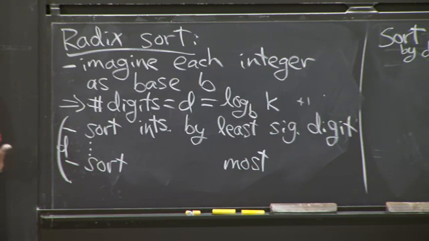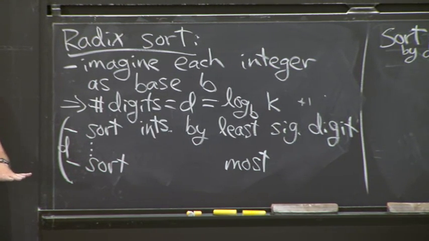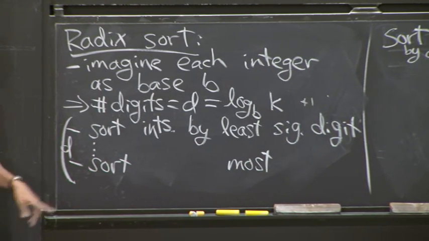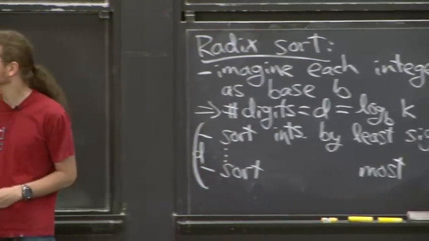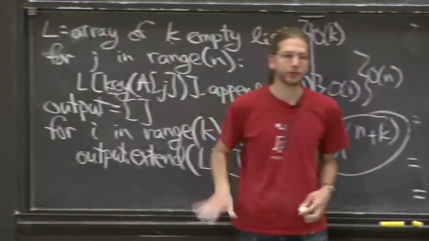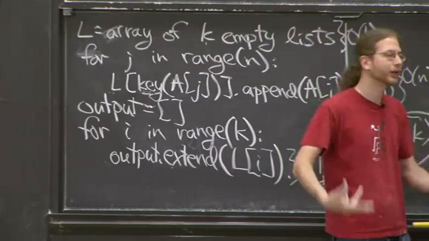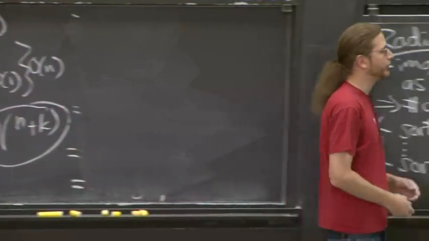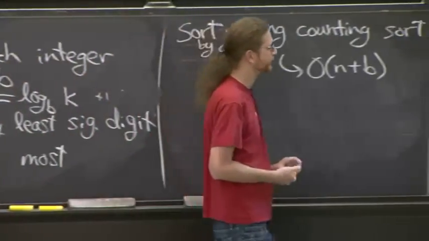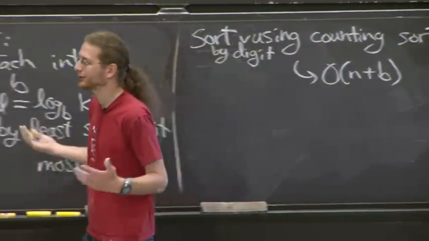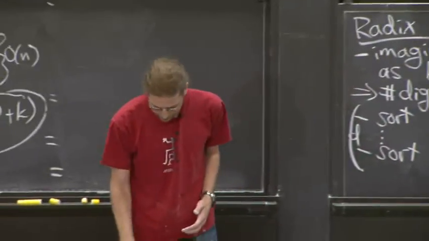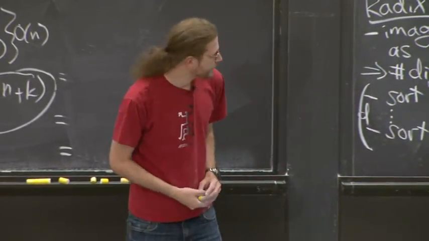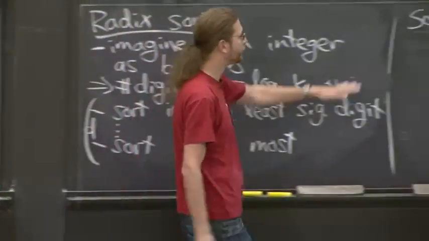But it's a constant. You do one divide and one mod, a constant number of operations. You can extract the digit in constant time. So the key function is constant time, and so this works. We don't have to actually write them all down, just compute them as we need them. I guess we could compute them ahead of time. It's not a big deal, but fine. So that's each digit.